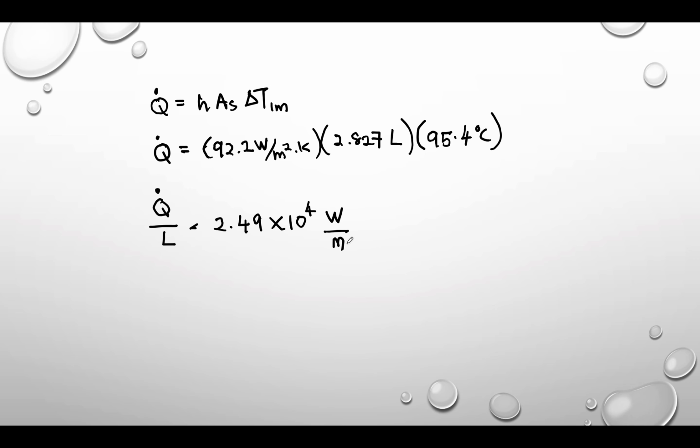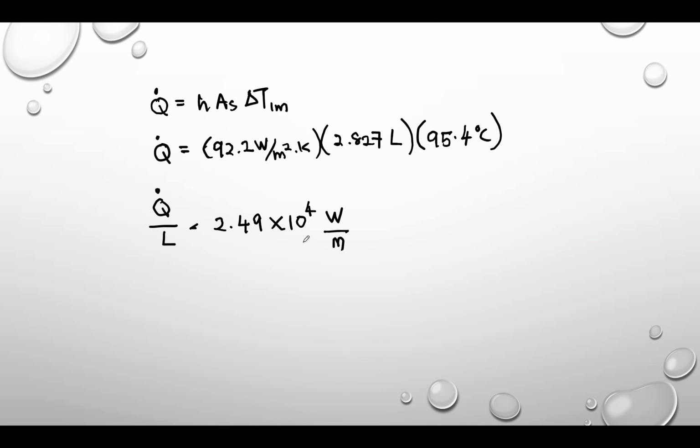If you assume your length is equivalent to 1 meter, then at the end, when you find the rate of heat transfer, you have to state that the rate of heat transfer that you get is for 1 meter length.